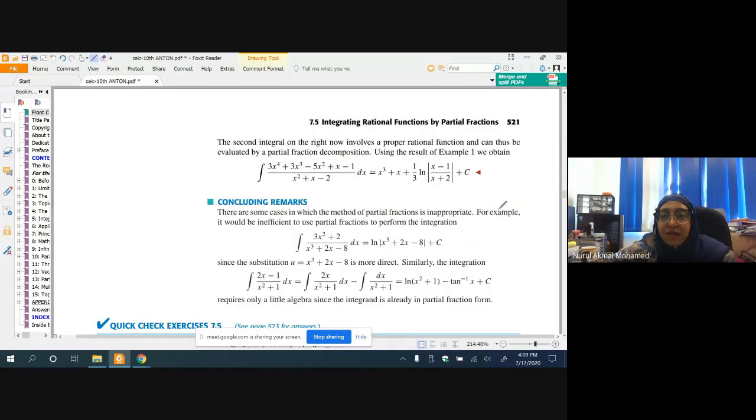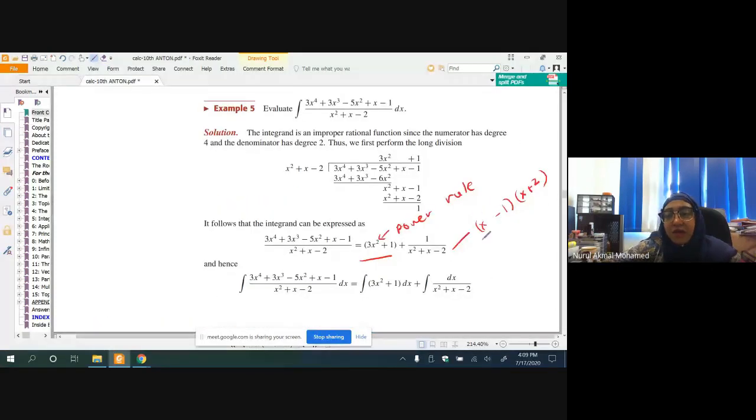If you got this, your coefficient will be what? It will be A divided by x minus 1. This is just linear, so that's why your coefficient is just A. Plus, this is also linear, B divided by x plus 2.